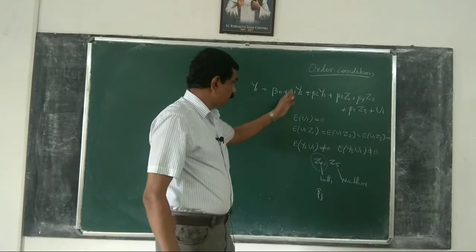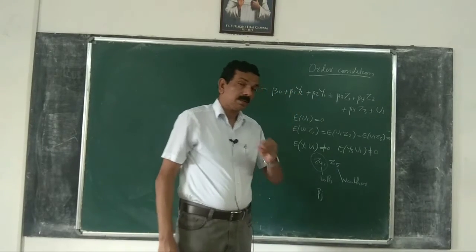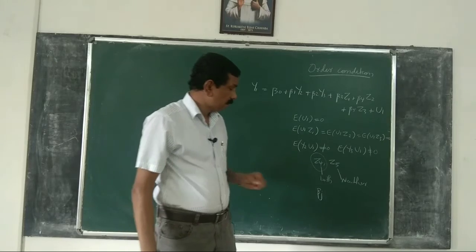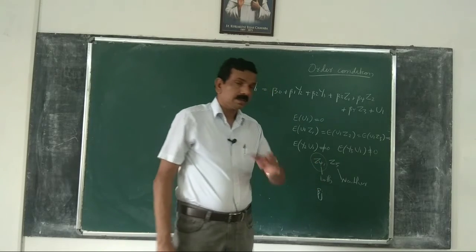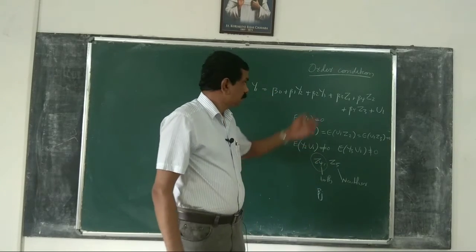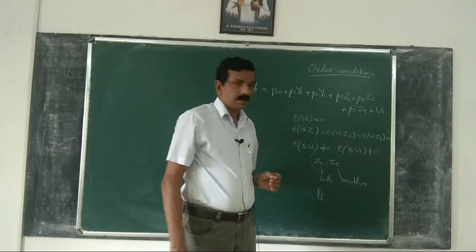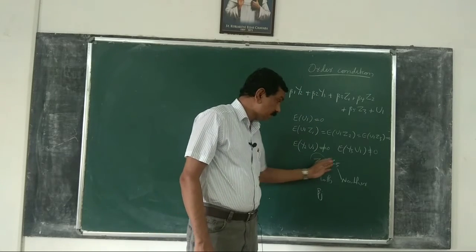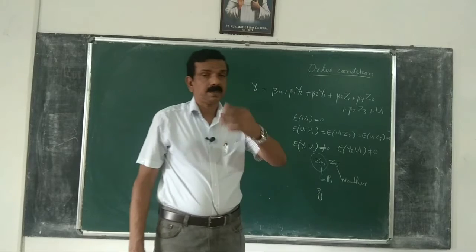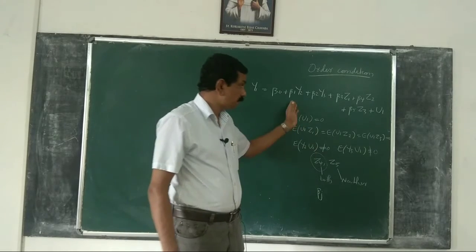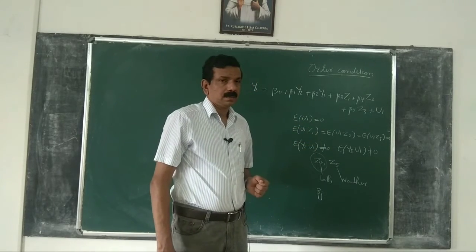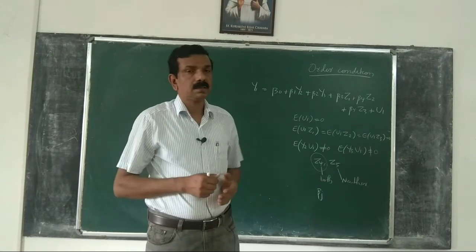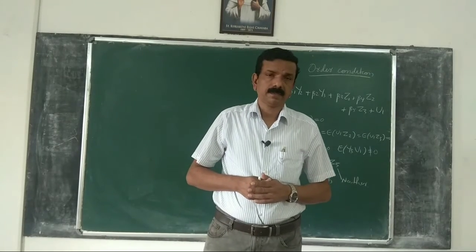If there is only one endogenous explanatory variable, one exogenous variable is enough. When there are two endogenous variables, there will be at least two exogenous variables not present in this equation. That is a necessary requirement for identification.